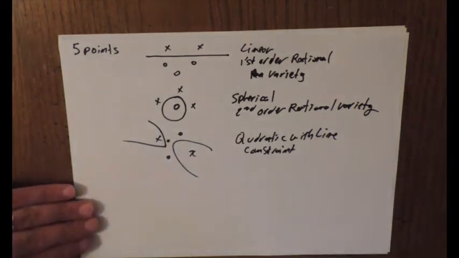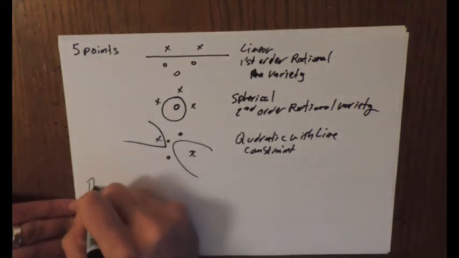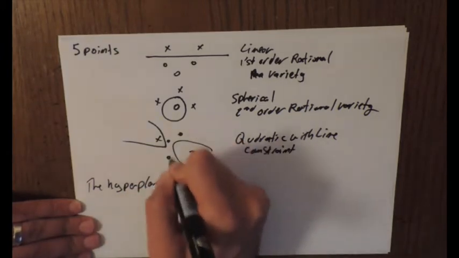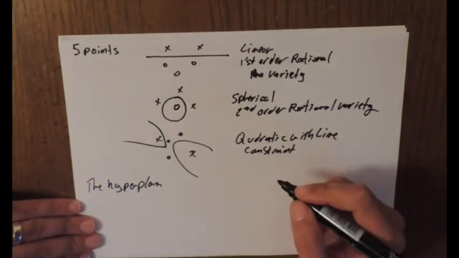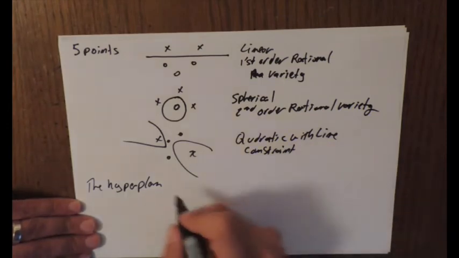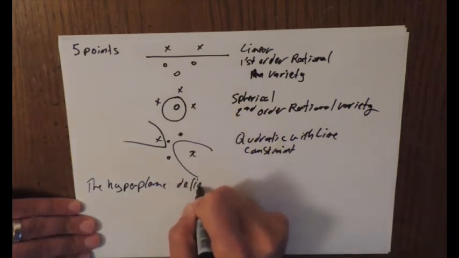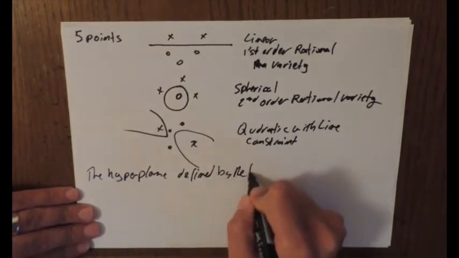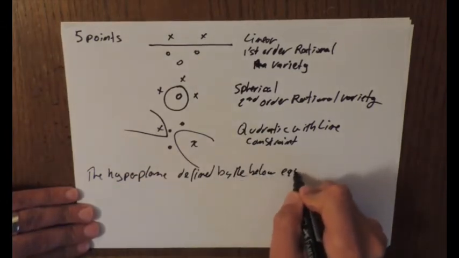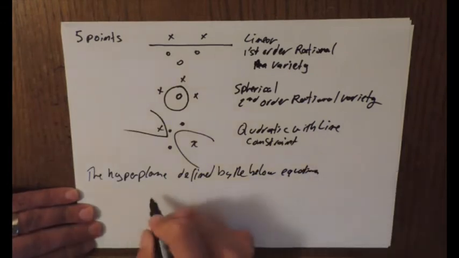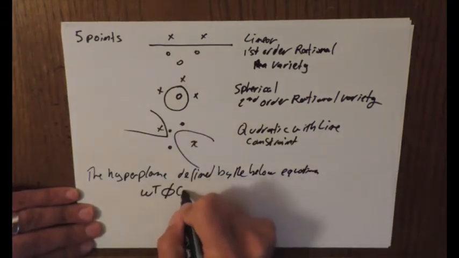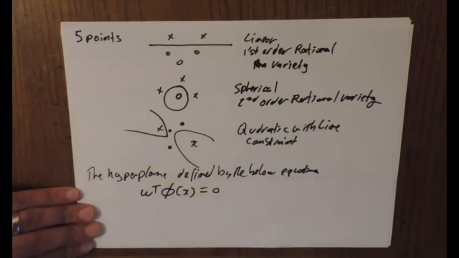So this hyperplane, let's say the hyperplane we are talking about, which is one of these depending on how our data is set, is defined by the below equation. We have w transpose phi, big phi of x equals 0.